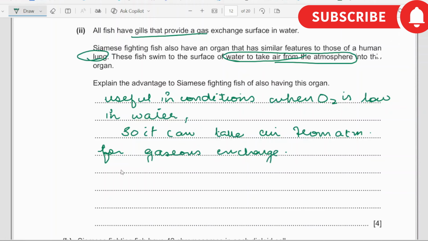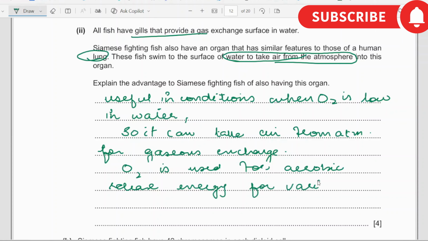Then this oxygen is used for aerobic respiration to release energy for various functions. So these are your four points: this is first, second, third, and fourth.